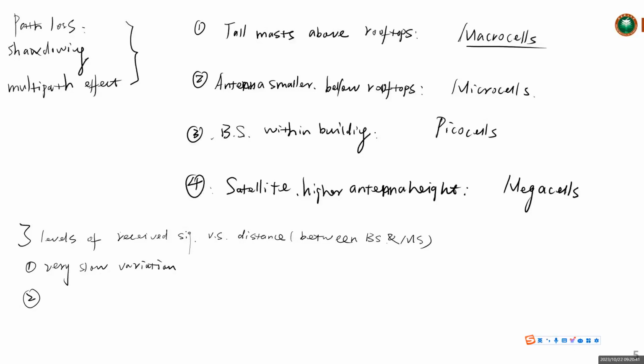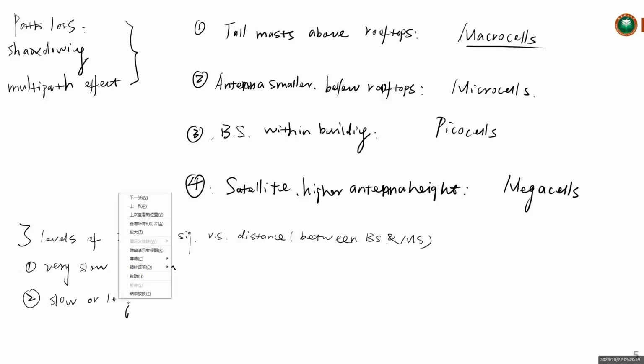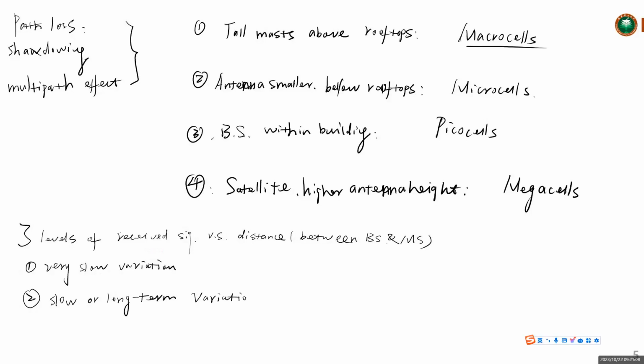That means it is very slow, for example the free space path loss. It varies slowly with respect to frequency. The second kind is slow or long-term variation, which is usually due to shadowing.